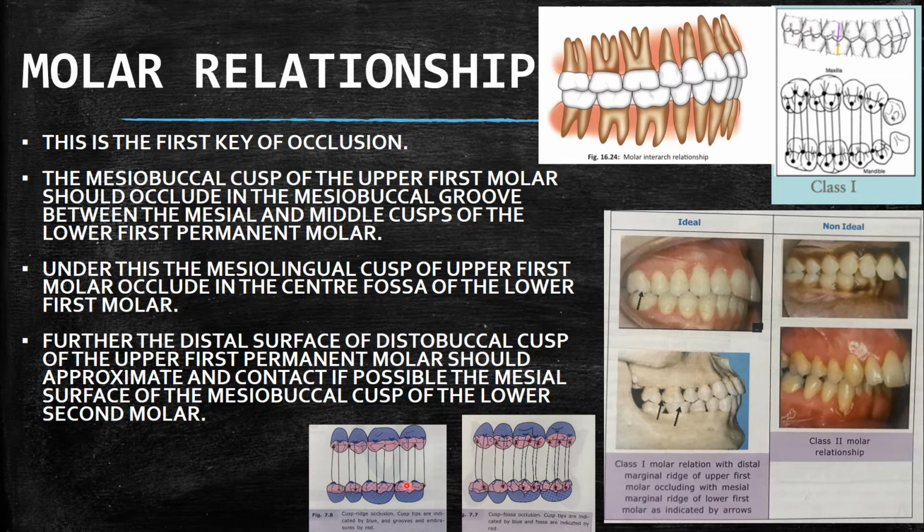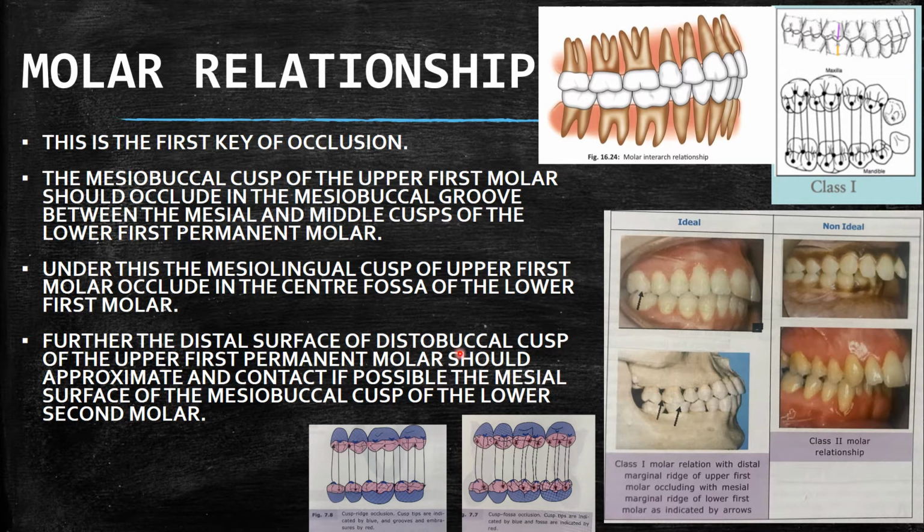So it's like over here. Now you can see it occludes in the center fossa of the lower first molar. The mesiobuccal is occluding with the mesiobuccal groove, and the mesiolingual cusp occludes with the center fossa and the distal surface of the distobuccal cusp.